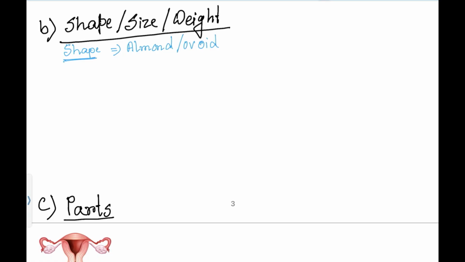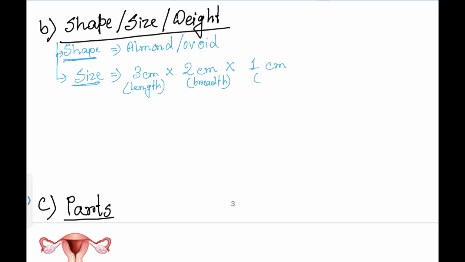Coming to the size of the ovary during the reproductive age of a female, the size is 3 centimeters, 2 centimeters and 1 centimeter. 3 centimeters is in length, 2 centimeters in breadth and 1 centimeter in thickness. So this is the size of the ovary.